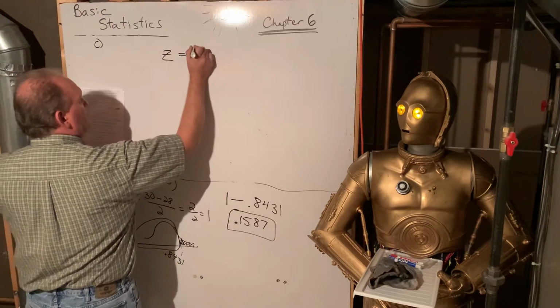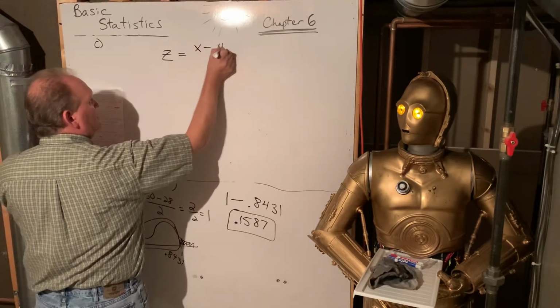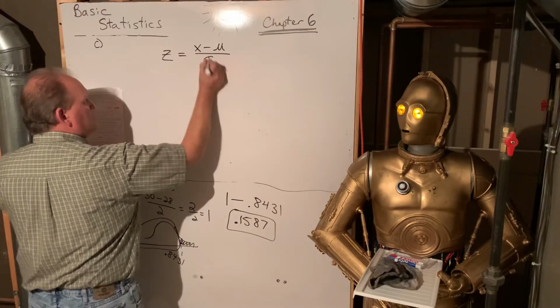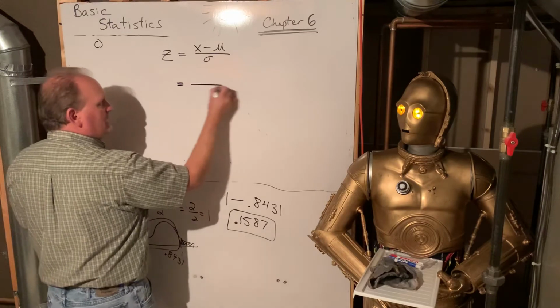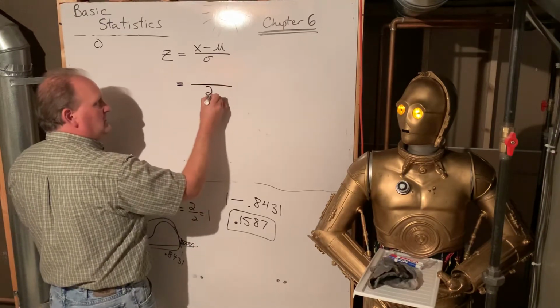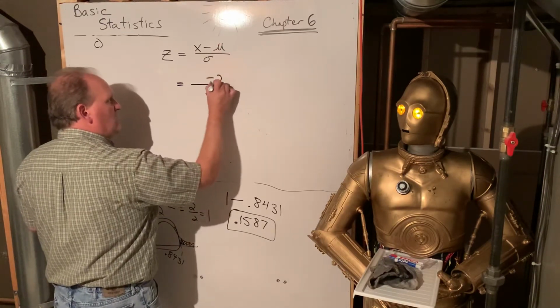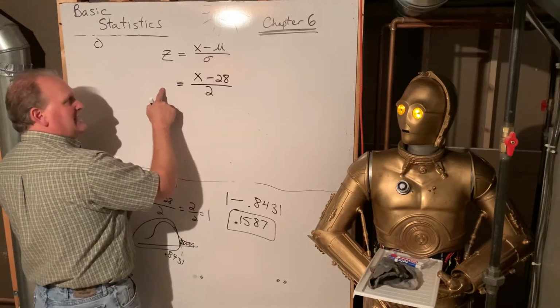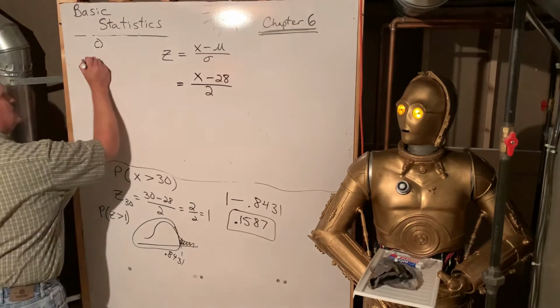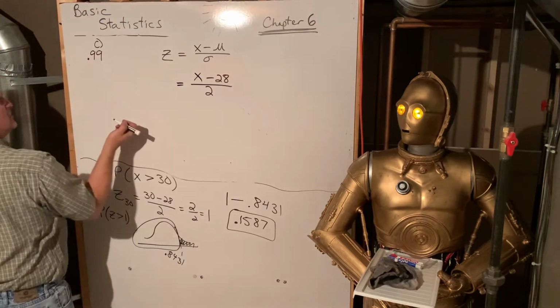So let me first write down the formula. So we have this, okay? And we need a Z. We already have that. That was given as 2. We already have that. That was given as 28. They want us to find X, but they want it to match with the 99th percentile. So we have to use our chart backwards.